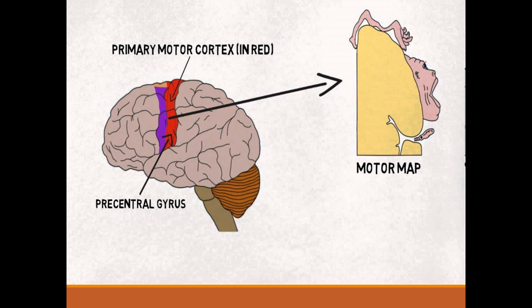So it is a distorted image in which there is large hand size, small leg size, and large face size. Why? Because the accuracy of movements and the area being given representation over here in the primary cortex is quite high.